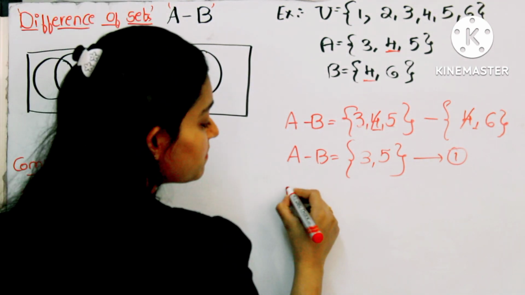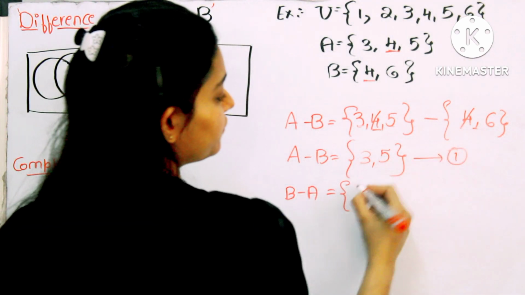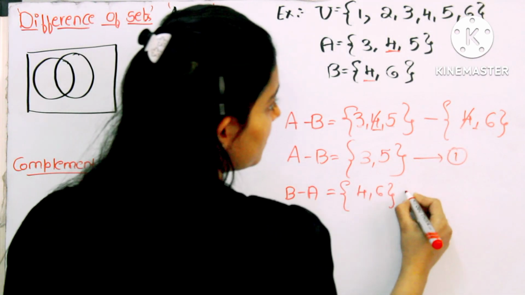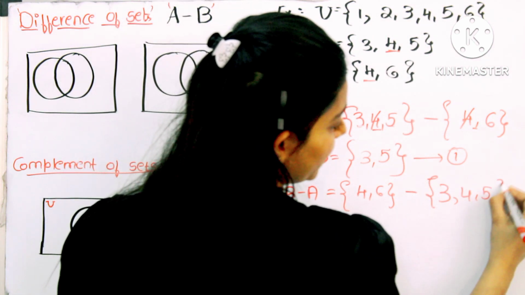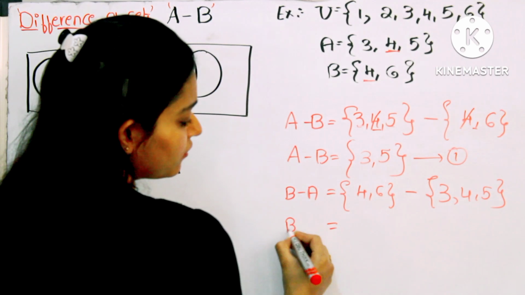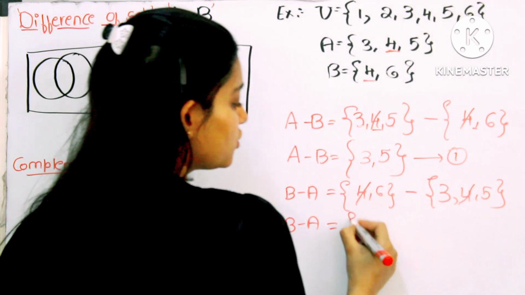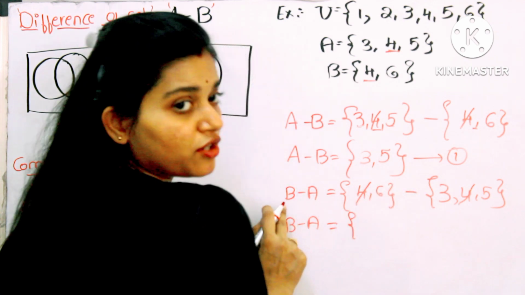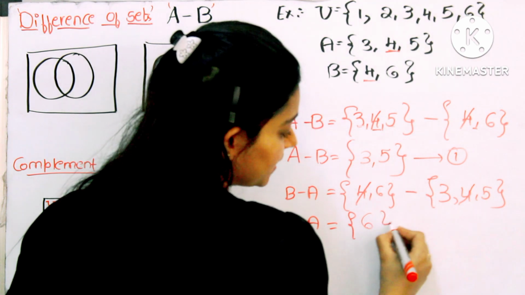Similarly, let us do B minus A. For B minus A, first write 4, 6 minus A, which is 3, 4, 5. While subtracting, you take the common terms in both. What is remaining in B? Because we are doing B minus A, we see what is remaining in B, that is 6.